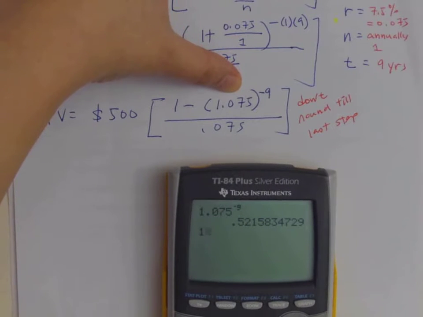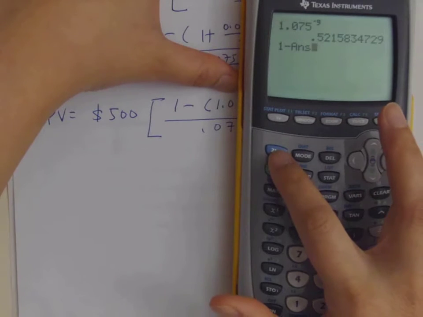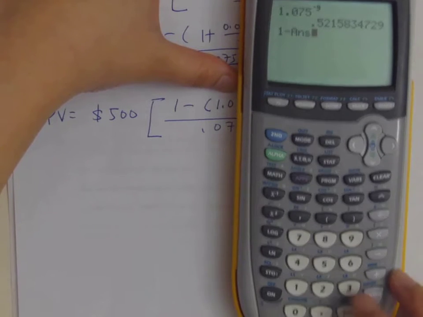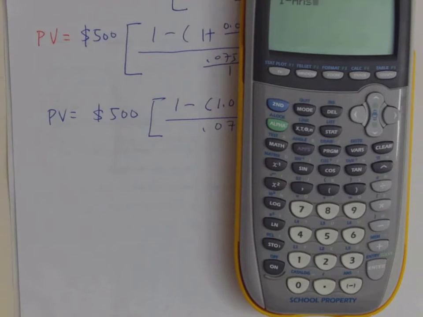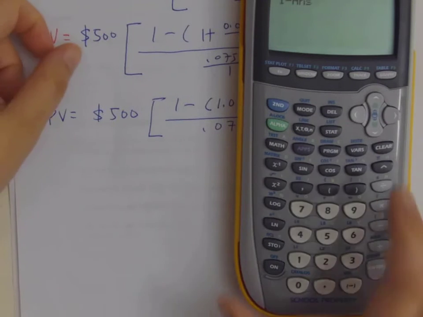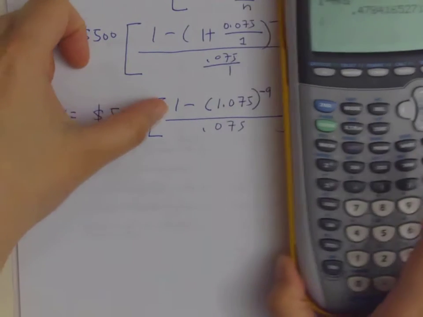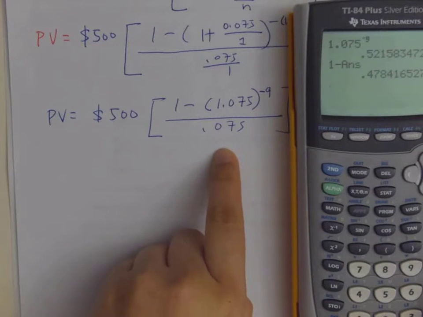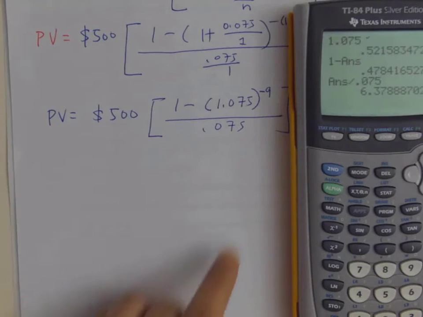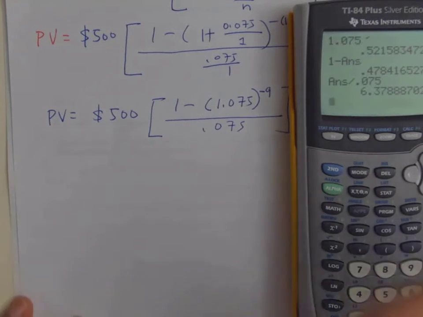Then I use 1 subtracting the second answer button. Some scientific calculators may be slightly different, so just find the answer button and pick up the answer you just had. So 1 subtract that, and then I need to divide by 0.075.